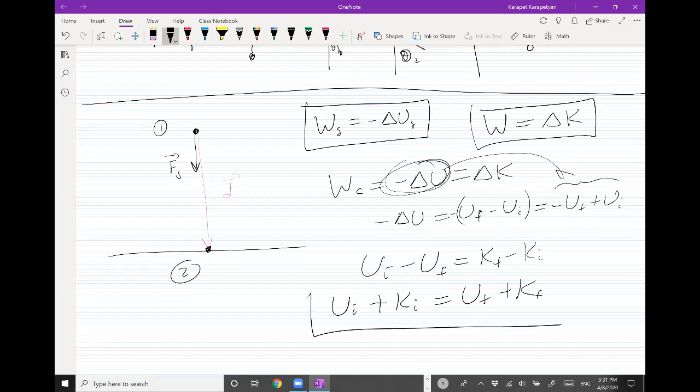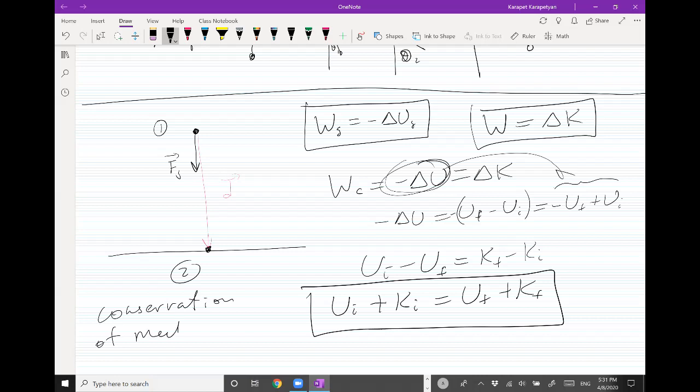And this equation is the conservation of mechanical energy. Because gravitational force is a mechanical force, we say it's a conservation of mechanical energy.